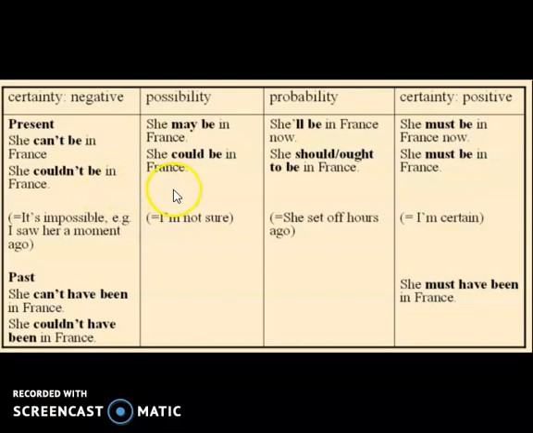She could be in France because the person is not sure, possibilities are there. Probability, she should or ought to be in France, right? Use of should or ought to be. And then if you go ahead towards more certainty, you say she must be in France, right?